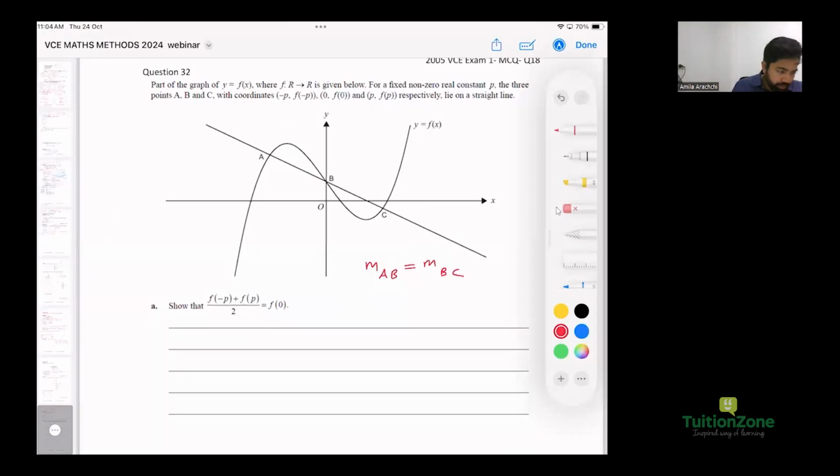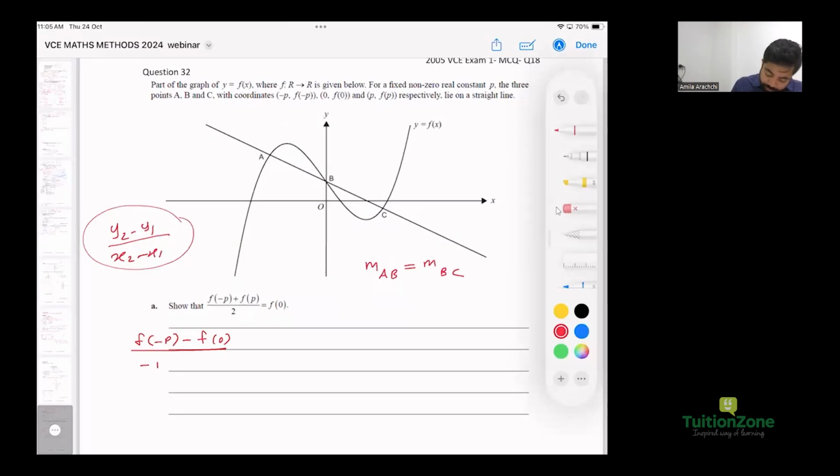So what's the point A? Okay, just use the y2 minus y1 over x2 minus x1 formula. The first one looks like f of negative p minus f of 0, divided by, what are the x values?